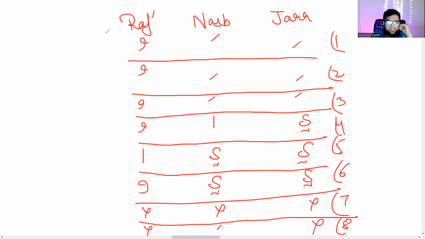And the 9th type, we just saw. Rafa you cannot see, estimated. But Nasb and jar we can see a ya. This is jam' mudhakkar salim mudaf ila ya al-mutakallim. So these are the 9 declensions.